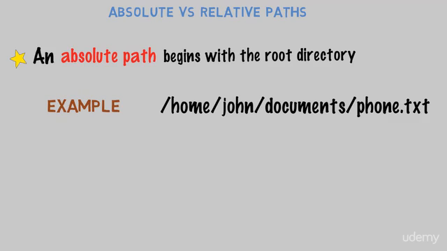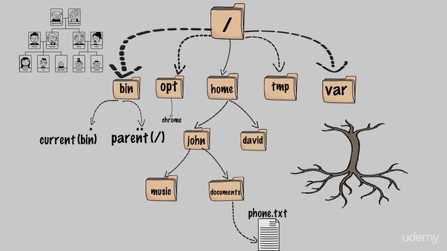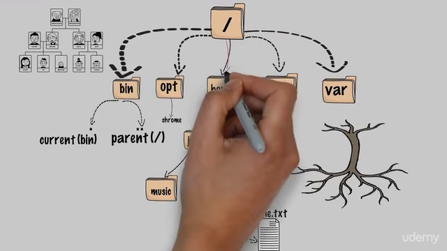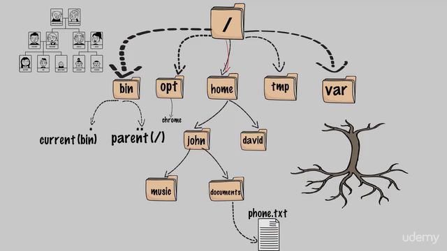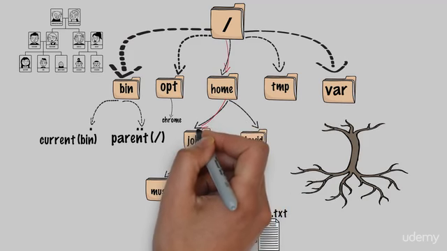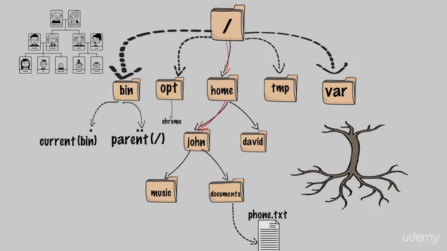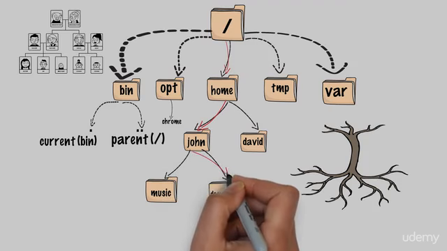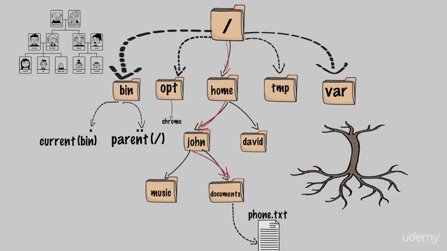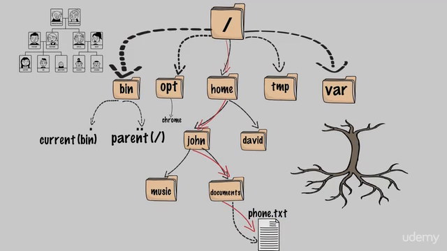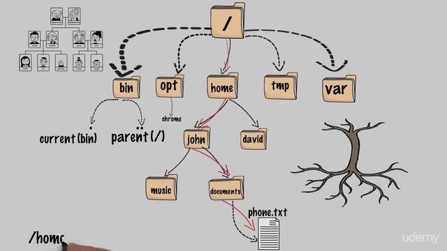For example, if John wants to access his file phone.txt, he can use the absolute path name. First he begins with the root directory, then he goes to home, then he goes to John, documents, and then he accesses the file phone.txt. We use a / to separate between directories.